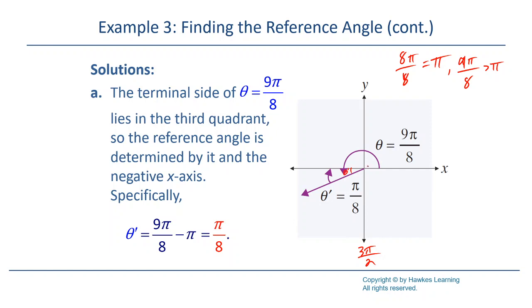If instead of starting here at 0, 0 and rotating that way, I started here and kind of rotated this way. So it just kind of gives you a nicer context to deal with these.